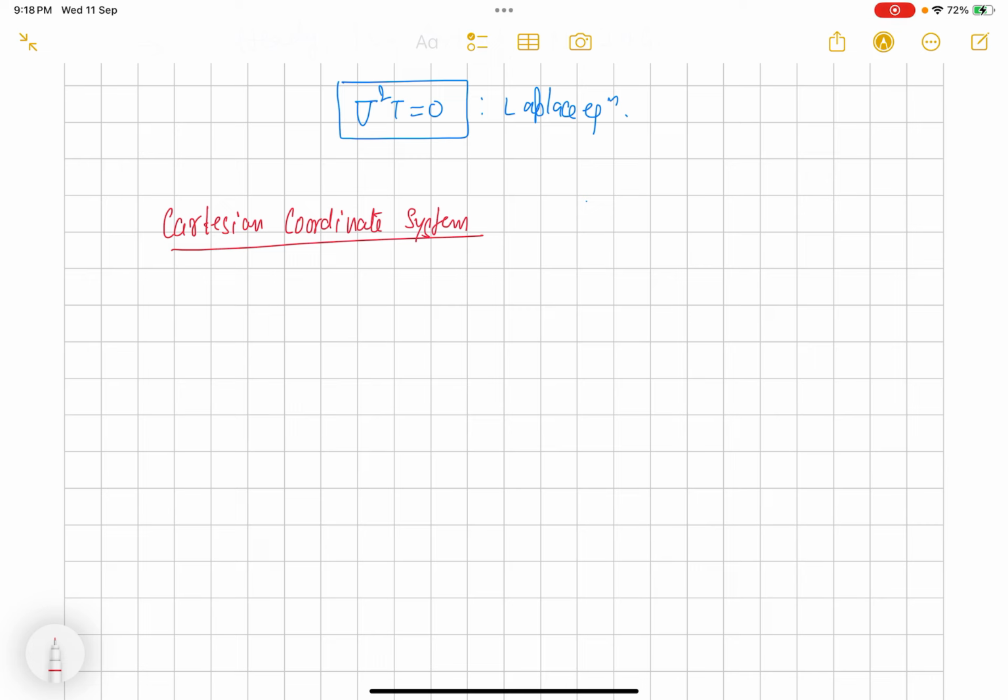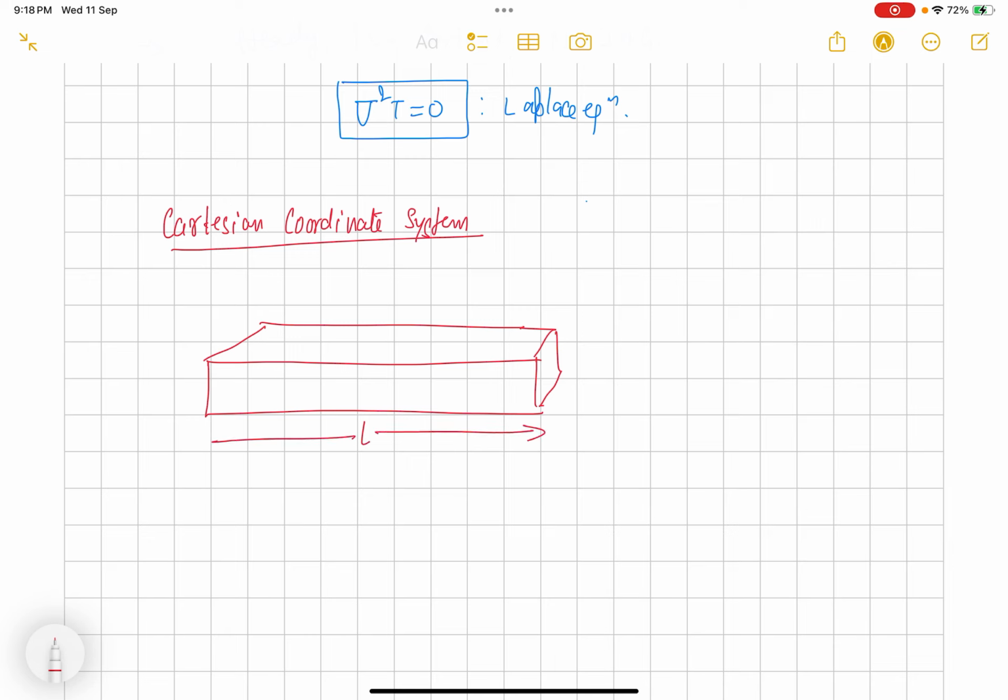let's say our body looks like this, and assume that its length is L in the x direction, h in the y direction, and w in the z direction.